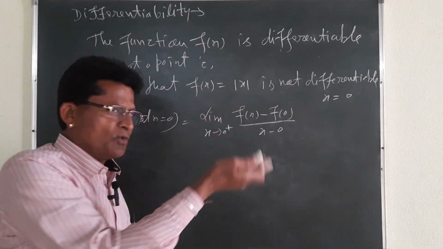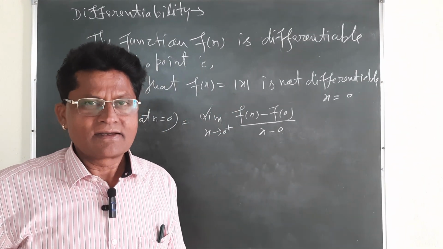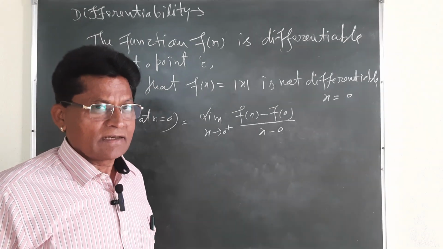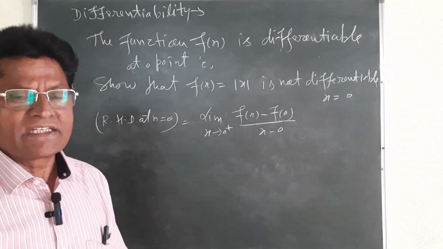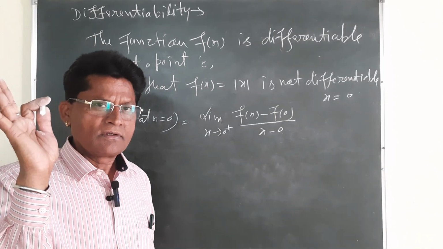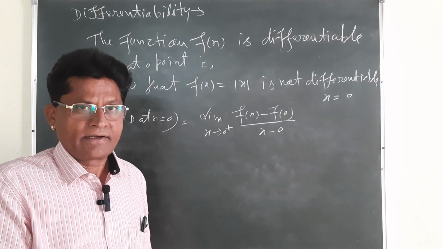Wherever it is c, you put 0 only. Dear student, I will start my procedure, which is very, very important, and the same procedure you will have to use in the maximum number of questions of the similar type.